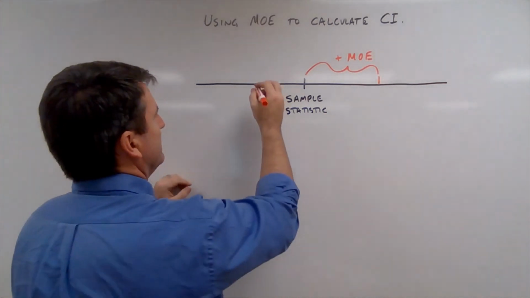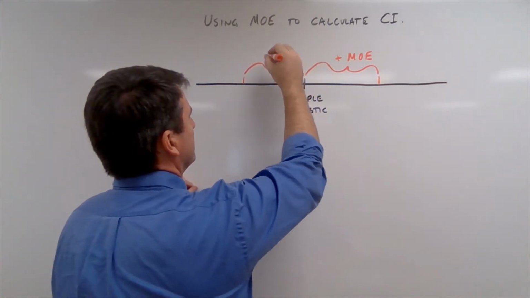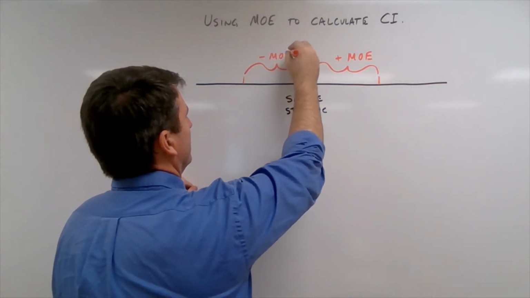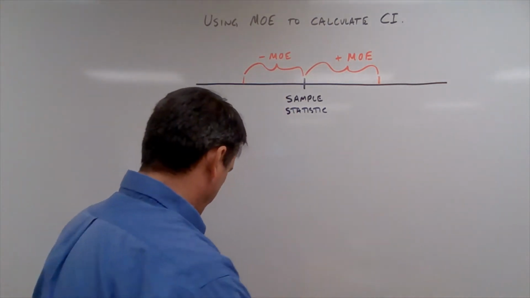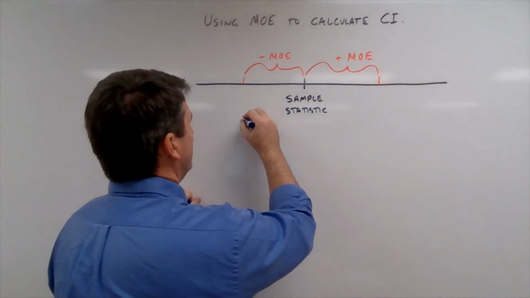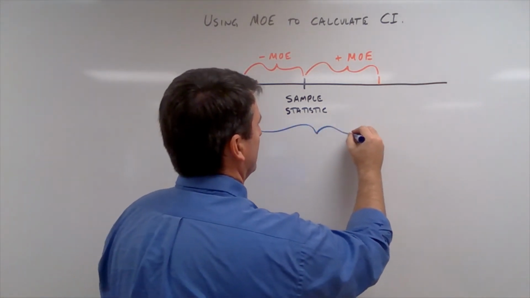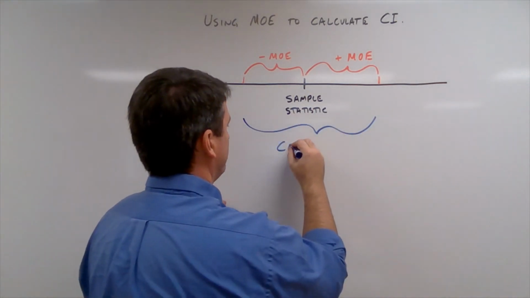And then we also want to subtract the margin of error. Subtracting the margin of error from our sample statistic is going to put us out here on this number line. And so our confidence interval is going to be this interval from here out to here. That's our confidence interval.